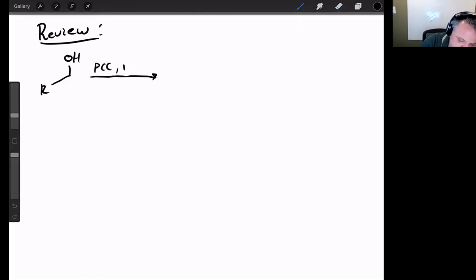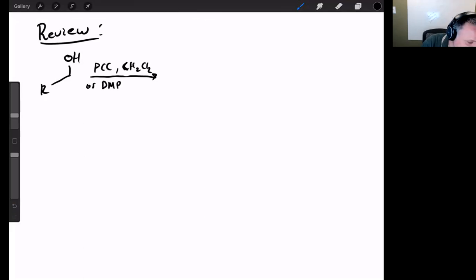It's too strong. I need something a little weaker, like PCC with CH2Cl2. Or DMP was one of them, with CH2Cl2, and then there was also the DMSO, Swern oxidation, you got it. And that'll form an aldehyde.